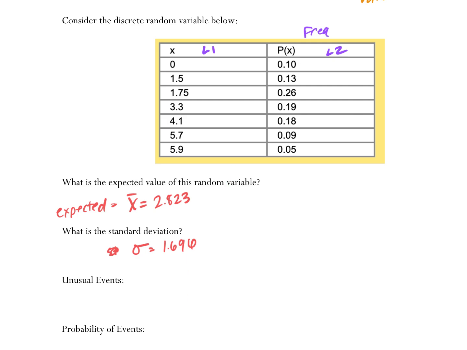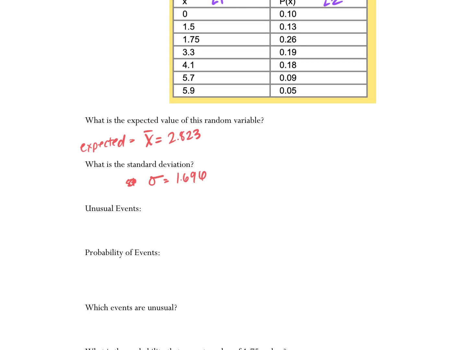All right, now. When what we have are a mean and a standard deviation, the way we decide our events are unusual, and this is going to pop up a lot in the next couple of days, anything that is more than 2 standard deviations from the mean is considered unusual.